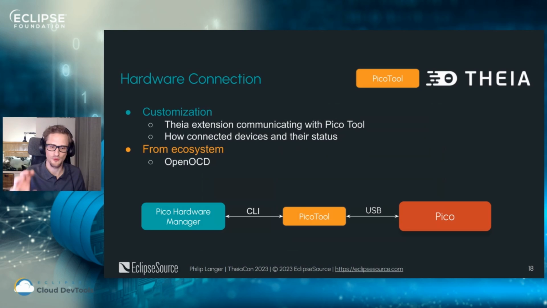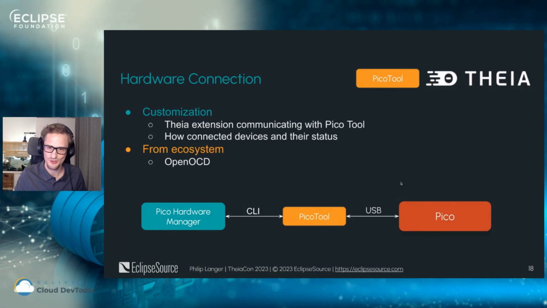Here is the architecture overview. Essentially, we wrote the Theia extension that communicates via CLI, again with its own custom view, to the Pico tool and queries it for the status of all connected devices, which then, of course, internally communicates via USB with all the connected Picos.